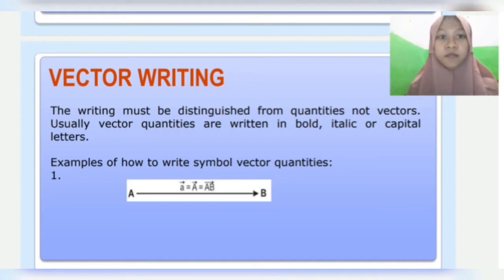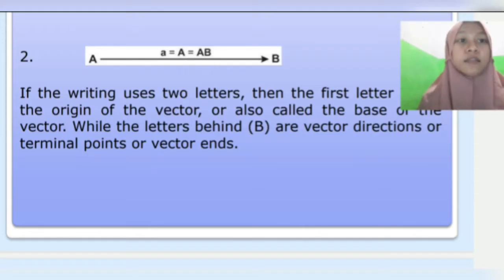The first, as in the picture on the screen, the vector is symbolized by two uppercase letters or one letter on which an arrow is given. The second, as in the picture on the screen, the vector is symbolized by two capital letters or one bold letter.